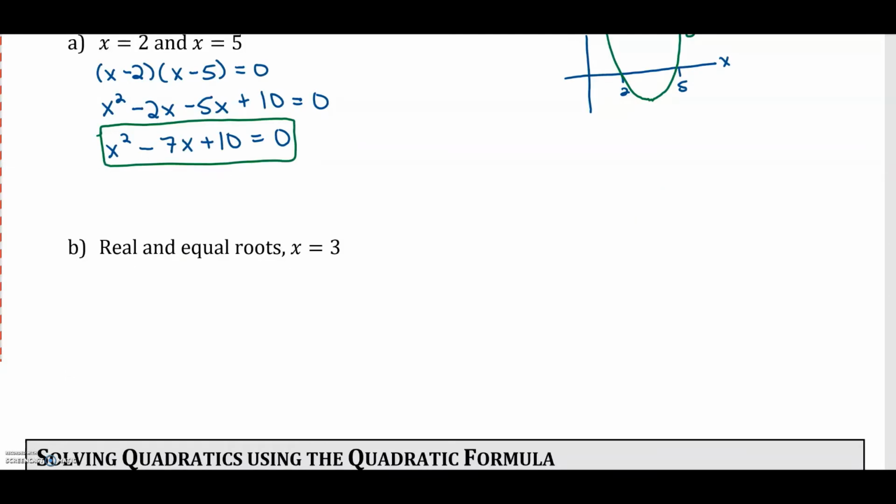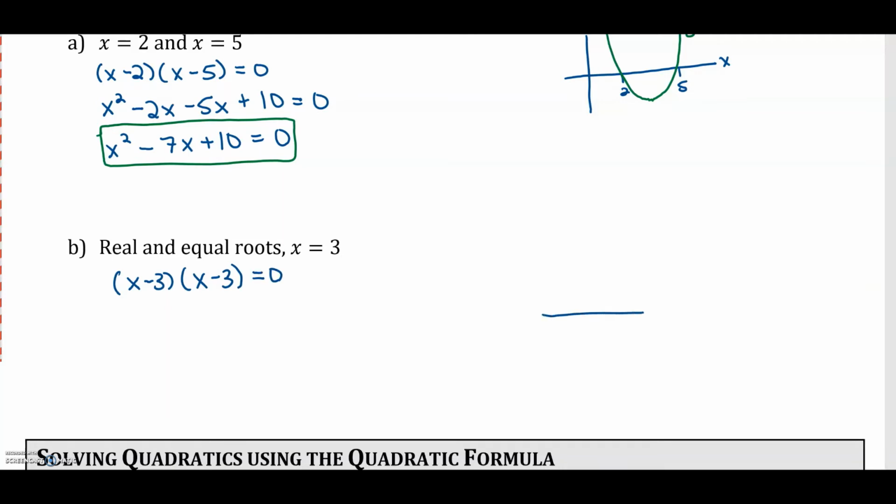Next, we would like to determine the quadratic equation for an equation with the root x equal 3, and they're real and equal roots, so two roots that are the same. We could express this as x minus 3 is equal to 0.